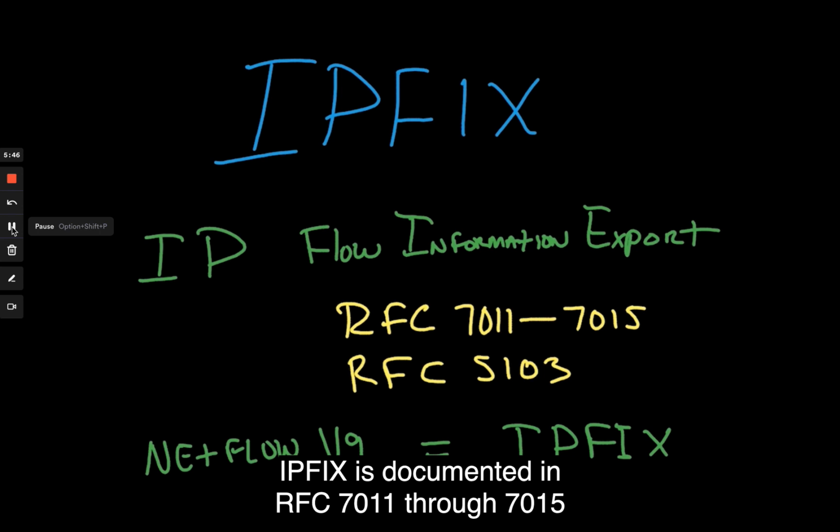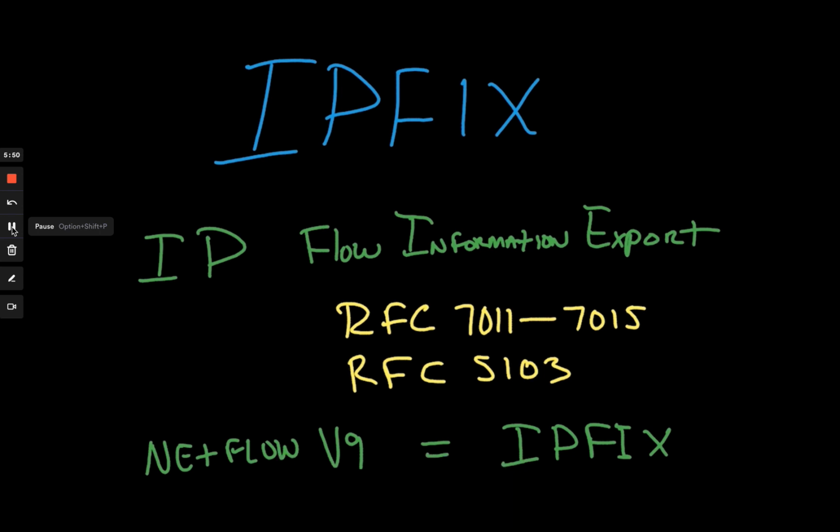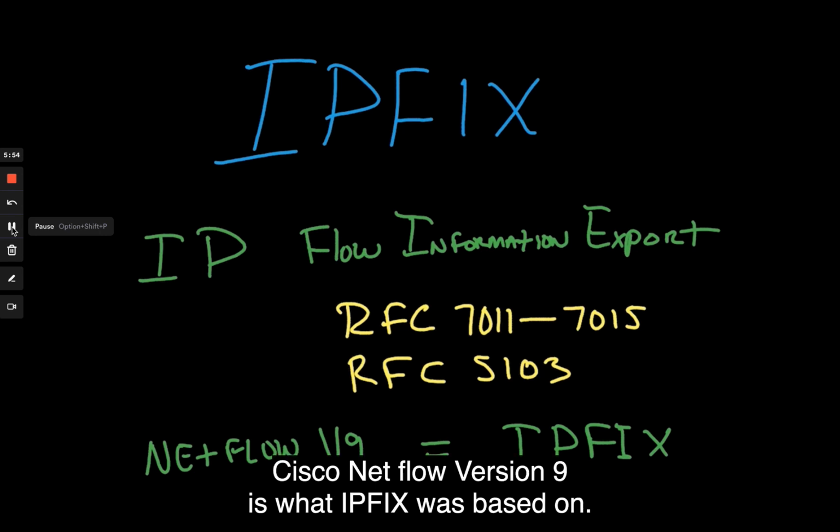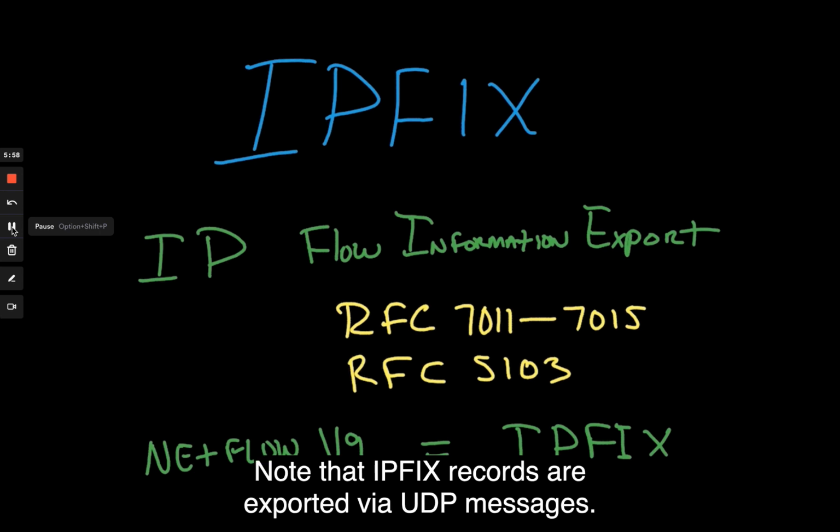IPFIX is documented in RFC 7011 through 7015, as well as RFC 5103. Cisco Netflow version 9 is what IPFIX was based on. Note that IPFIX records are exported via UDP messages.